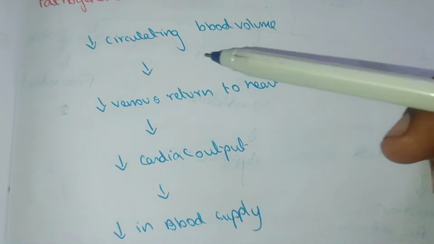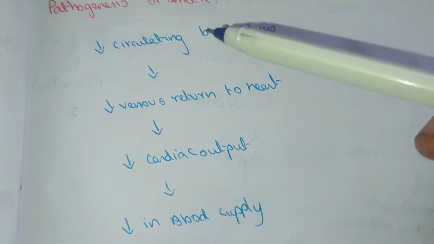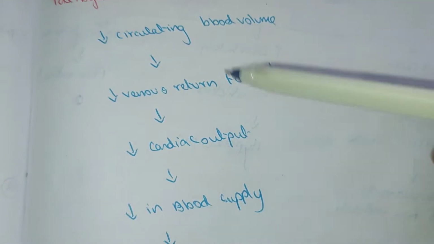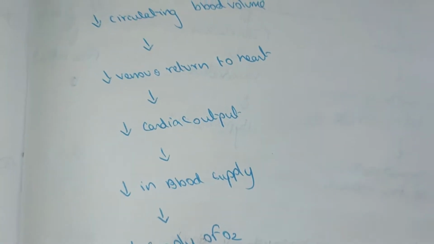Pathogenesis of shock. When there is a decreased circulating blood volume, the venous return to the heart is also decreased, because there is no blood.